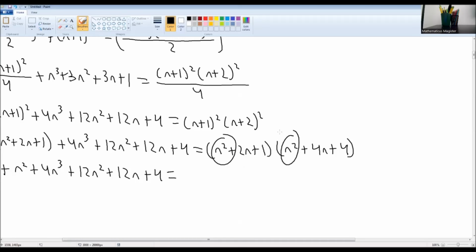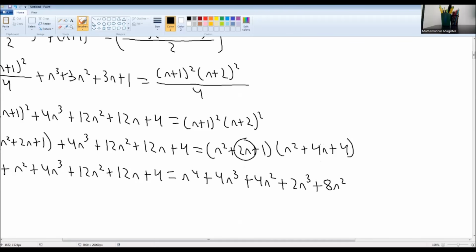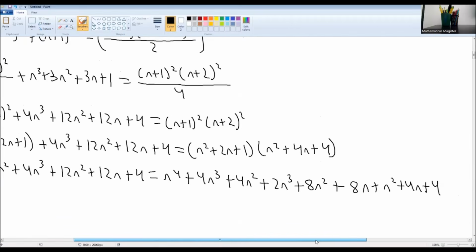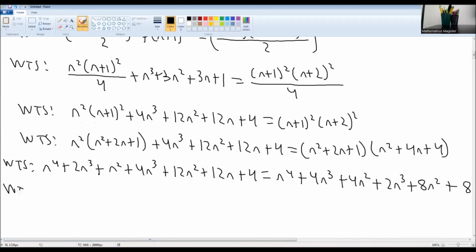So n squared times n squared is n to the 4th. n squared times 4n is 4n cubed. n squared times 4 is 4n squared. 2n times n squared is 2n cubed. 2n times 4n is 8n squared. 2n times 4 is 8n. And then we do 1 times all of these things. So you get n squared plus 4n plus 4. Wow, that's a lot. So much so that I don't even have room for all of it.